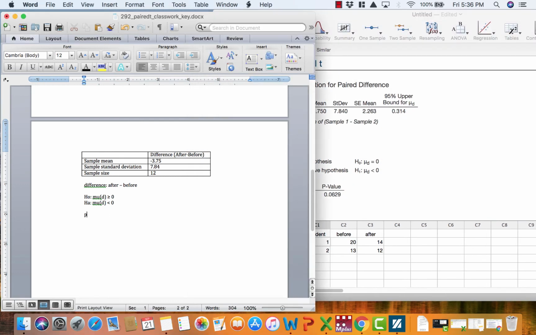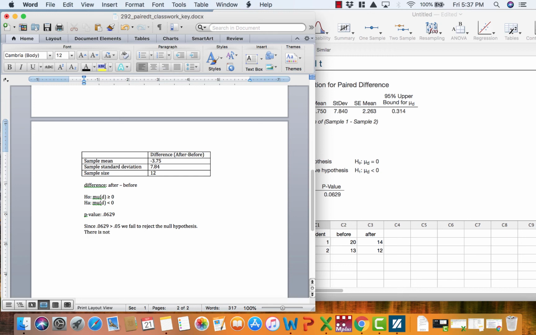All right, so we get a p-value of 0.0629. So since 0.0629 is greater than 0.05, we fail to reject the null hypothesis. Okay?